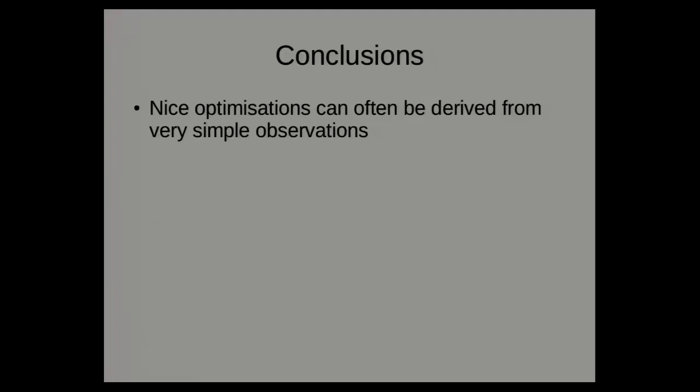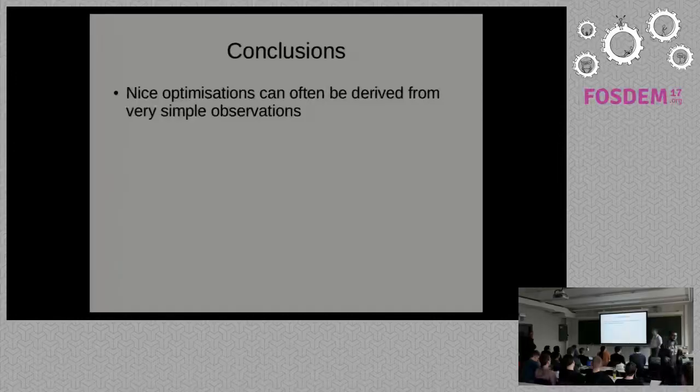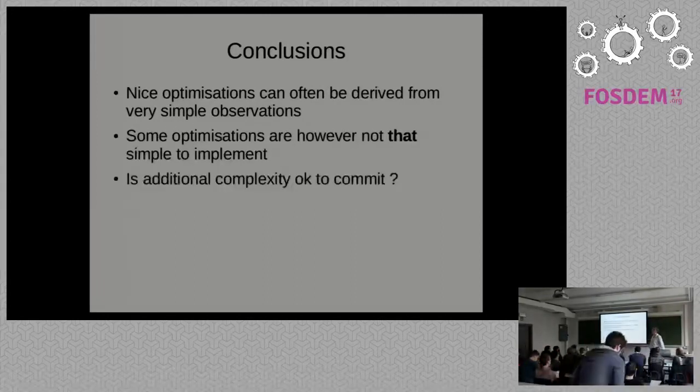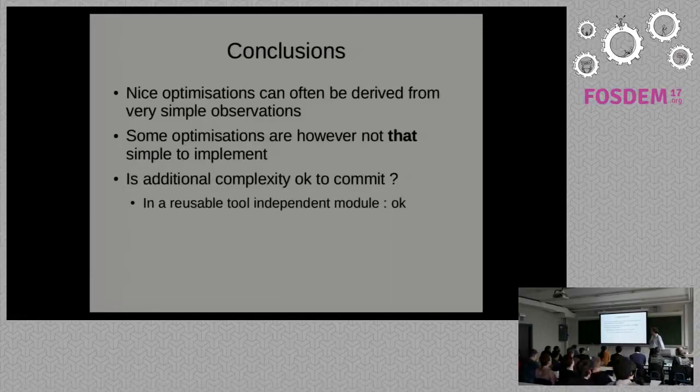So, conclusion: nice optimizations can often be derived from very simple observations, both for Massif and for Valgrind. Some optimizations, however, are not that simple, like we've seen with Valgrind. So is it okay to add this complexity? Well, for Massif it was really clear, yes, because it was additional complexity, but usable by all tools, and so it's a benefit.